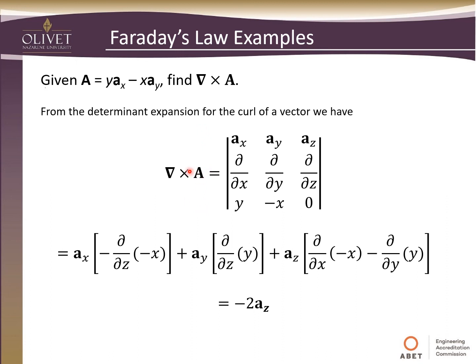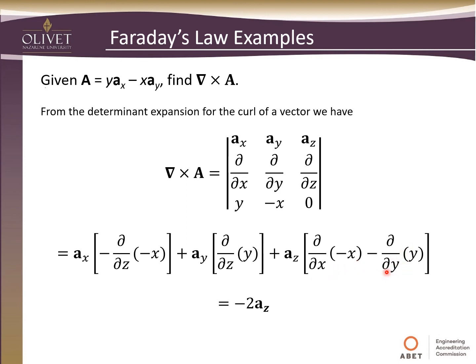So the curl of A, or del cross A, would be to take this in matrix form and do our little matrix cross product exercise on that. And so what we have then is in the x direction, the partial of z minus the partial of y, and in the y direction, the partial with respect to z minus x, and in the z direction, the partial of negative x minus the partial of y.